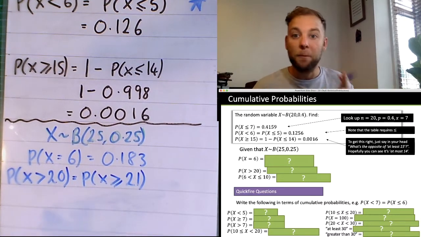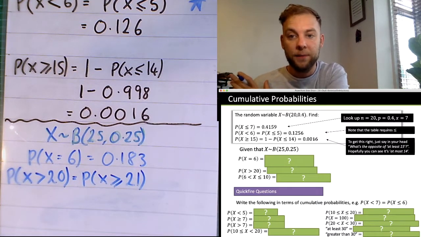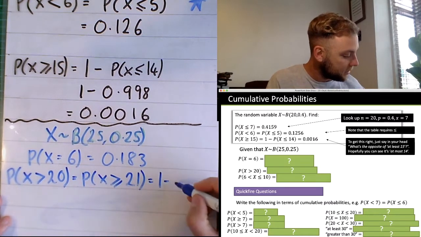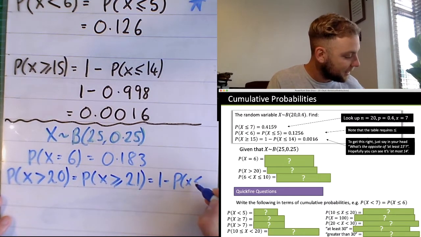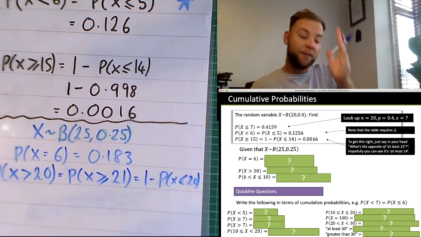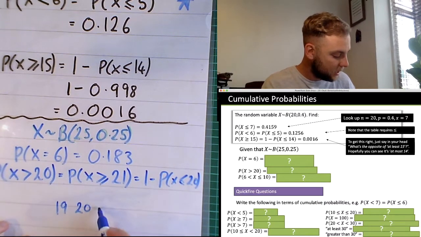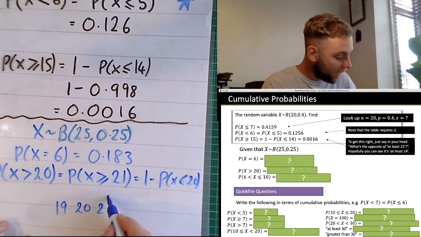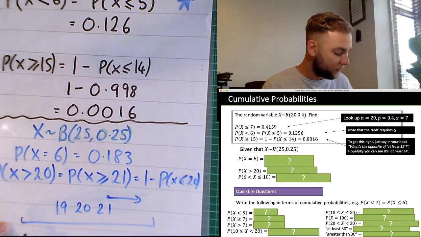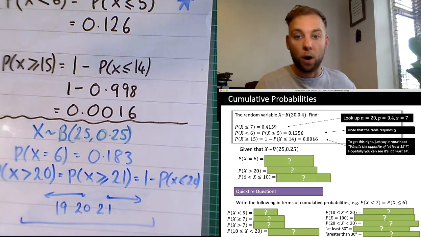Now remember that our calculator only does less than or equal to. But if I want greater than or equal to 21, I do 1 minus the probability that x is less than or equal to 20. Because if I want, let's just do it again, 19, 20, 21, everything which is greater than this, I'm doing 1, all of everything, minus everything which is below that, which is the probability of x less than or equal to 20.